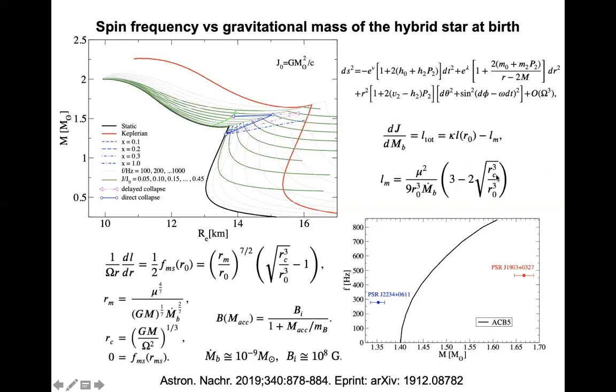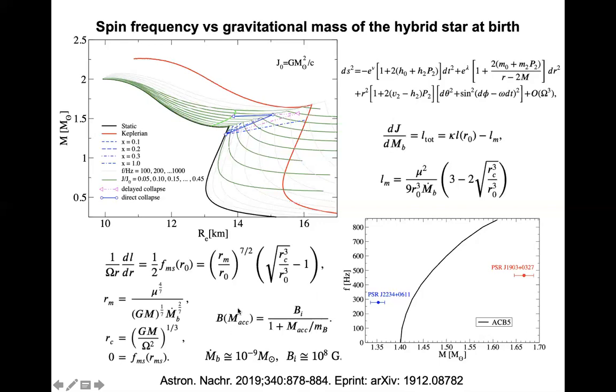We have the co-rotating radius of the star. We also have the dipole moment of the star, mu. And with this equation, we can end up determining the dynamics. We also have the magnetic radius entering the equation, and the magnetic field may change depending on the accretion rate.